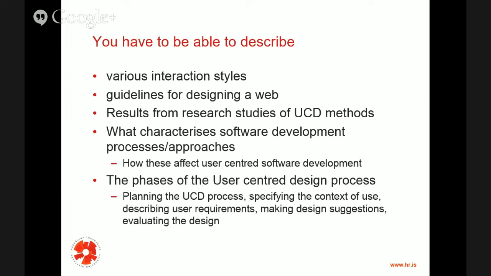And then we covered what characterizes software development processes and how these affect user-centered software development. And last week, we went through the phases of the user-centered design process, the five things.